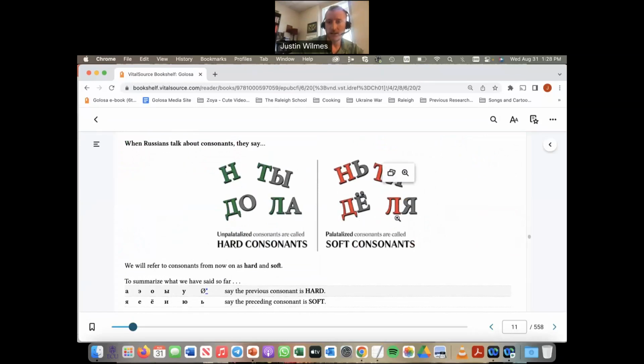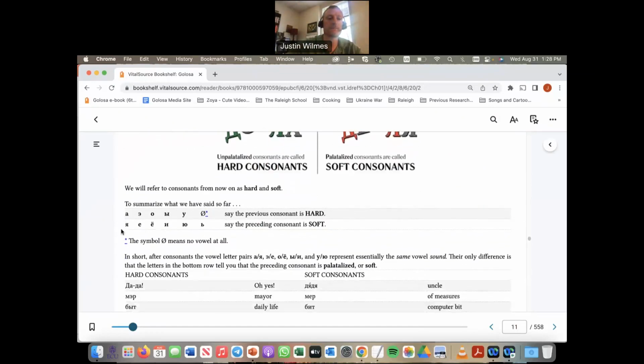La, Ля. So basically, either the soft sign or these soft vowels cause the consonant that comes before it to be softer, palatalized. Okay.